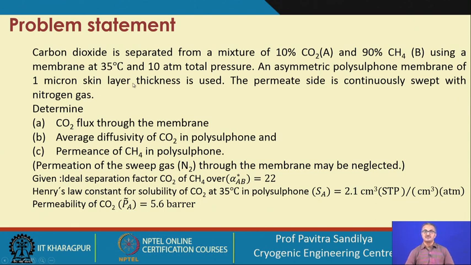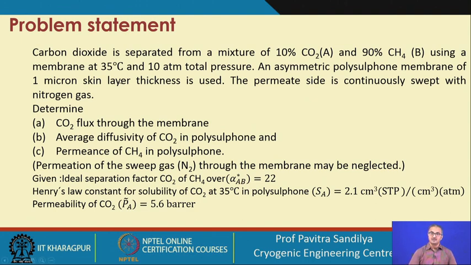If there were accumulation, it would reduce the driving force by increasing its partial pressure. So the nitrogen is used so that the partial pressure of the particular component, in this case carbon dioxide, can be kept minimum.